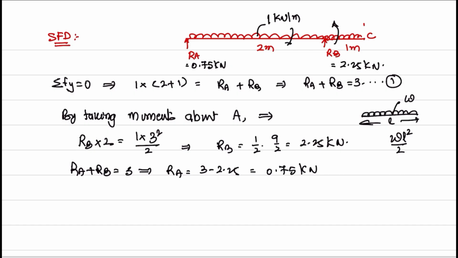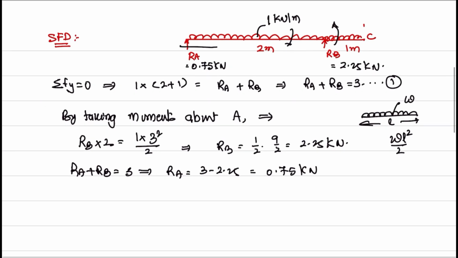Now, as we move from point A, let us say this is X. At cross section X, the SFD will be: RA is acting upwards and the UDL is acting downwards, RA minus WX. W is the UDL.